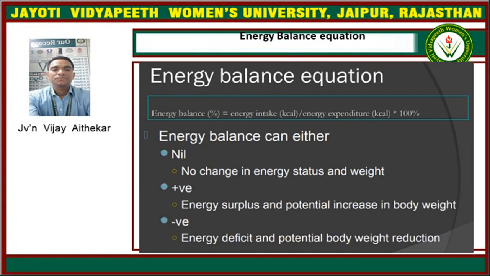Energy balance equation: energy balance in percentage equals energy intake in kilocalories divided by energy expenditure, multiplied by 100%. The energy balance can be nil, meaning no change in weight; positive, an energy surplus with potential increase in body weight; or negative, an energy deficit with potential body weight reduction.